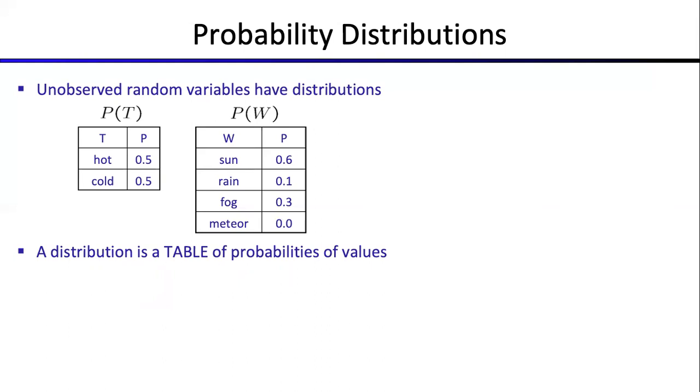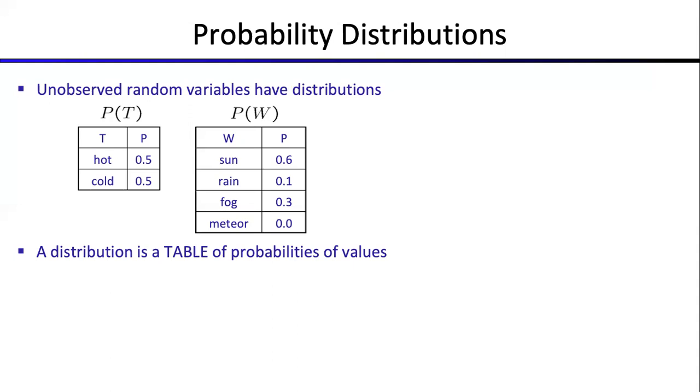A particular instance in this probability distribution would represent a specific probability value of that particular random variable. For example, I can say that the probability of temperature being hot is 0.5, and that is a particular probability value which I have extracted from this probability distribution.